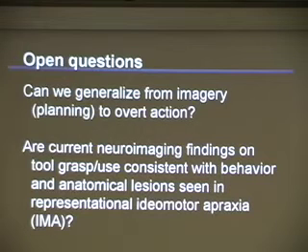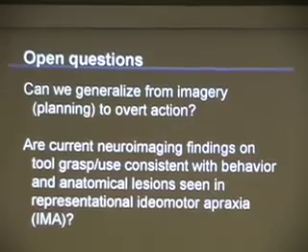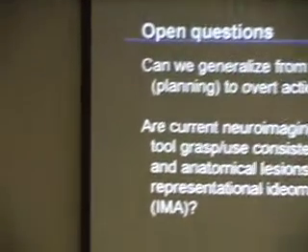We're finding these results based on imagined movement tasks, but can we say that is really the same as overtly grasping or using these objects? And related to that, are these and other current neuroimaging findings on tool grasping and using consistent with behavior and the anatomical lesions seen in representational ideomotor apraxia?